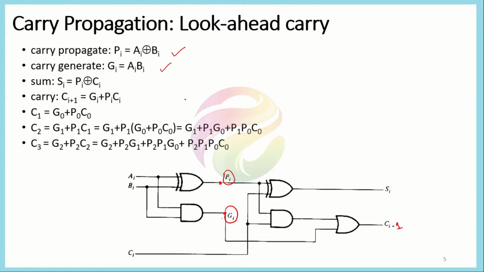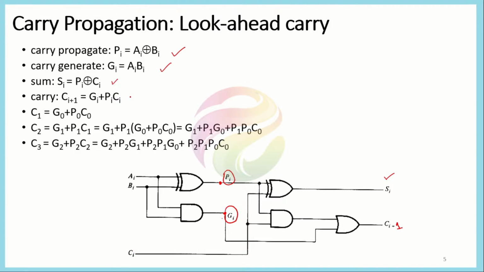The next is the AND, which represents the Gi term here. The final output of this full adder is represented by Si, which you can clearly see is the exclusive OR of the carry propagate term Pi and the carry in from the previous full adder.